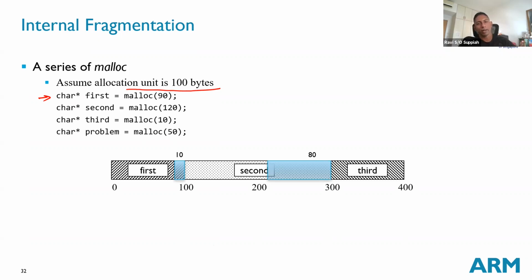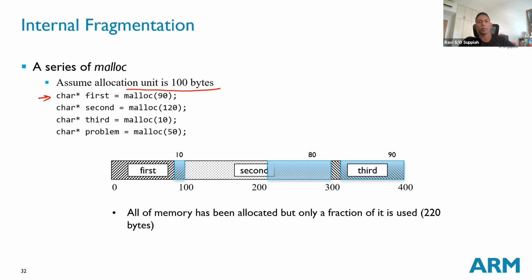Then if I allocate another 10, I only use 10, but 90 is free. As you can see, I have a lot of internal fragmentation because I allocate in blocks, but only part of the block is used. So when I want to do the last one, malloc 50, it doesn't work, because all the blocks are already used up. The space from 0 to 400 is already used up because of the internal fragmentation.